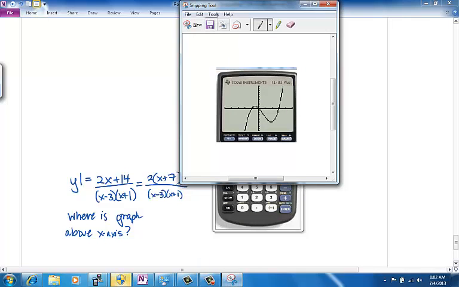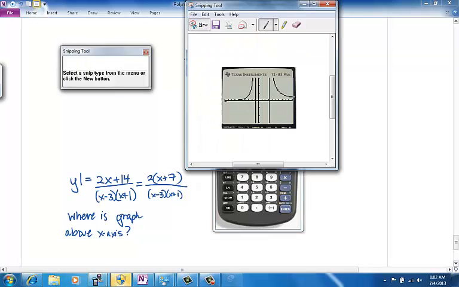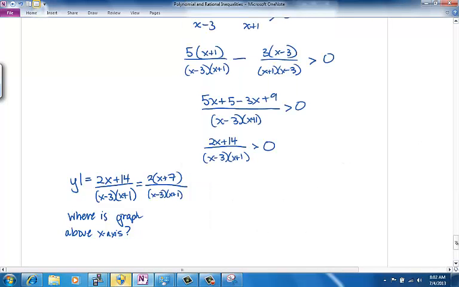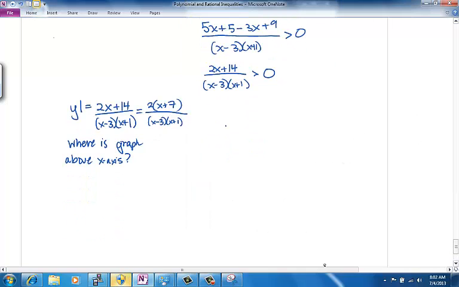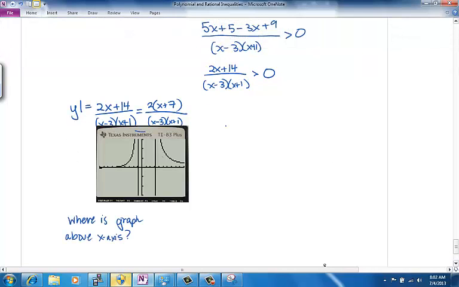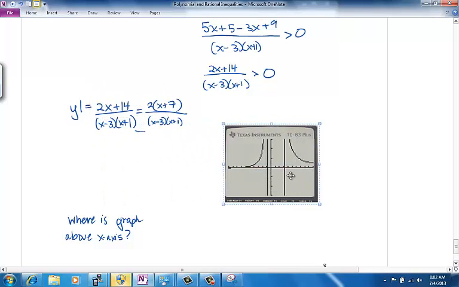But it helps to think about what we know about these graphs when we're looking at them on our calculator, because sometimes it's not as easy to see everything on the calculator. So we know that out here at -7, 0, there's an x-intercept, but that's the only one, right?